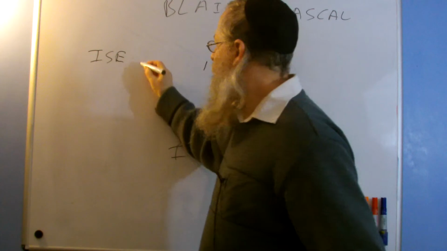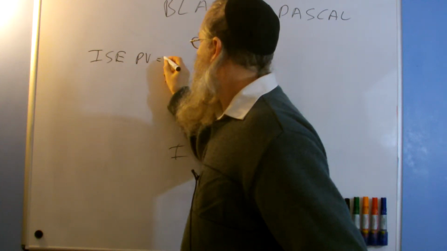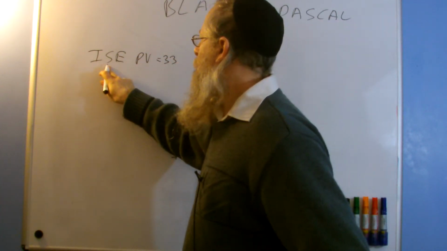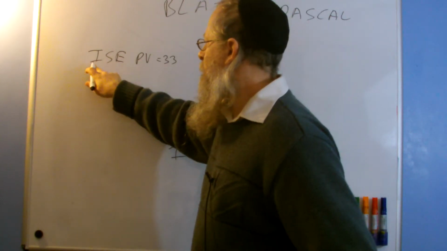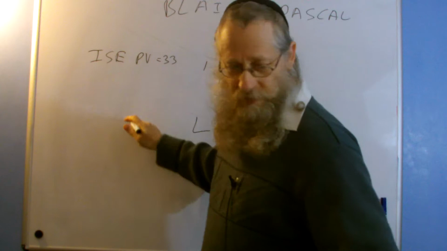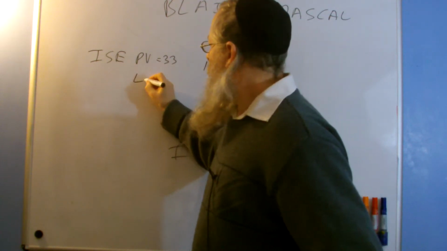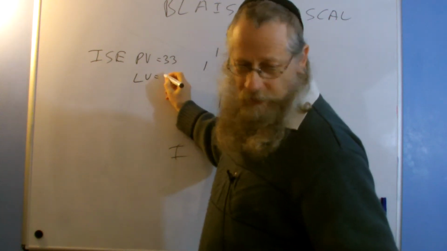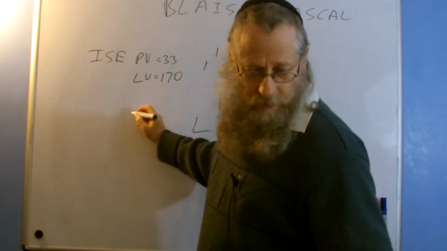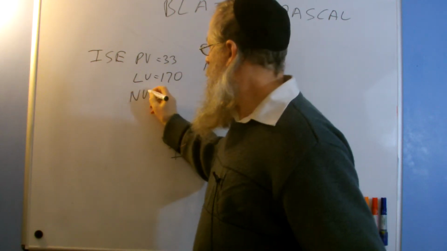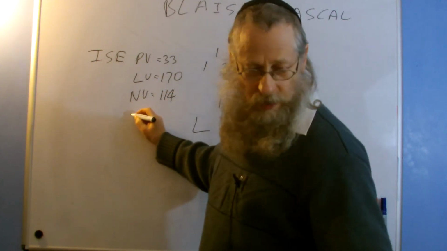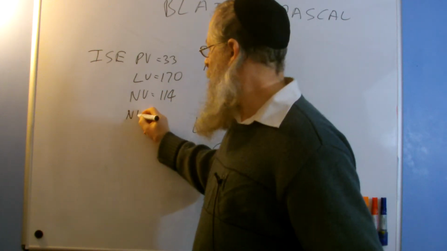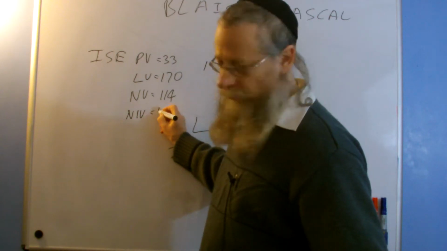And we have a placement value of 33. That's 9, 19 and 5. 19 and 9 is 28, 33. The large value is 170. We have the normal value, which is 114, and we have the normal inner value of 192.